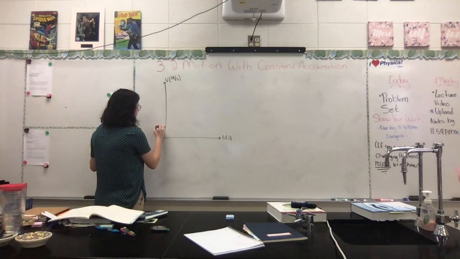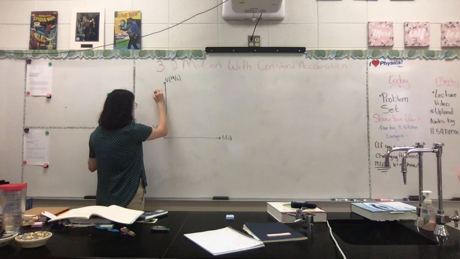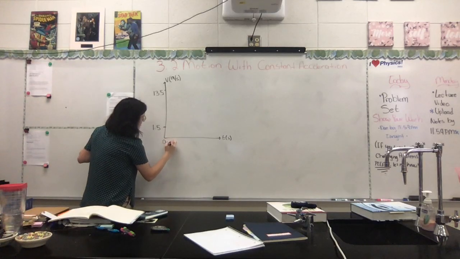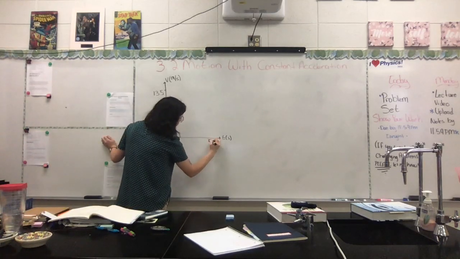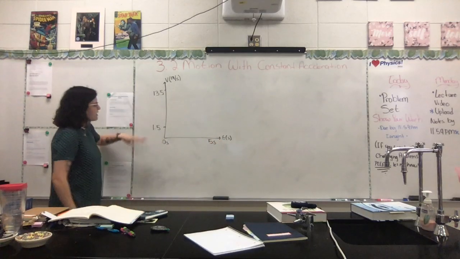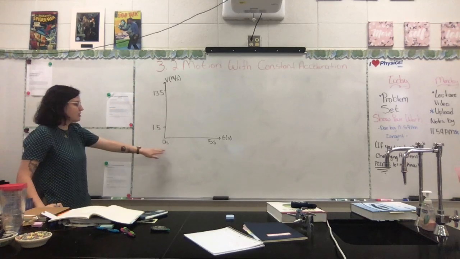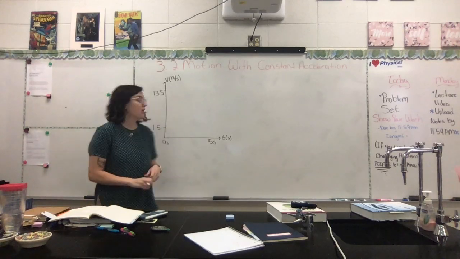We're going to have speeds 1.5 and 13.5, and then our times are going to be 0 seconds and 5 seconds. So our speeds should be labeled 1.5 and 13.5, and our times should be 0 and 5, okay?